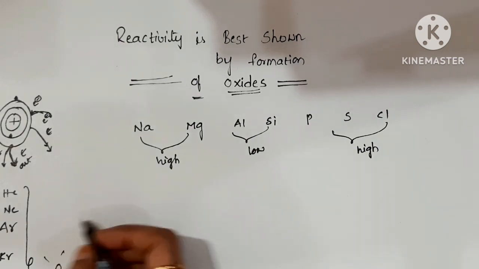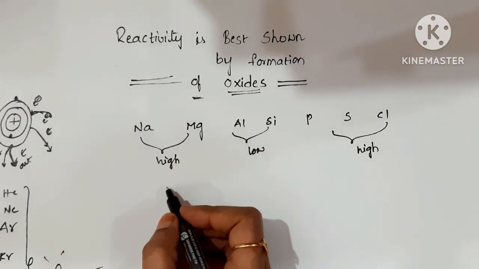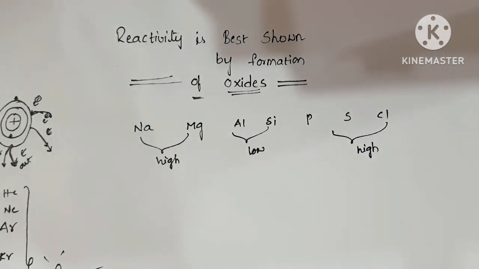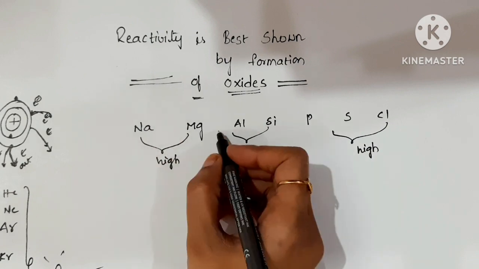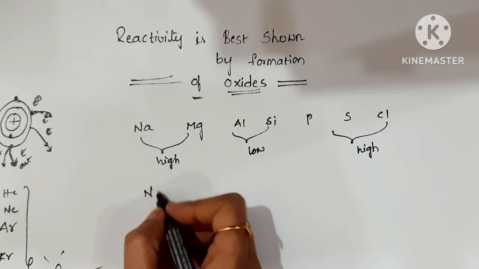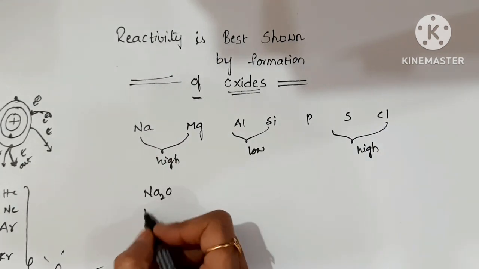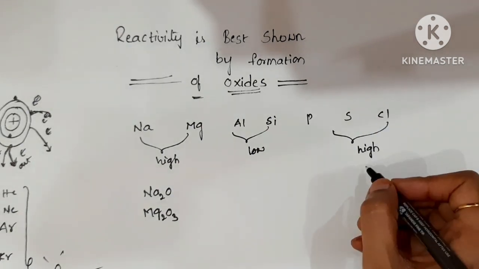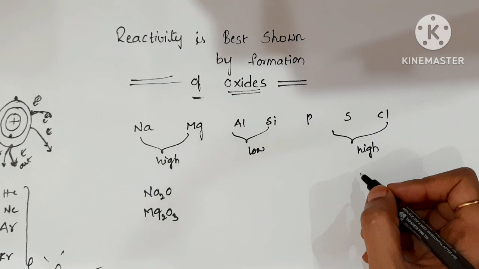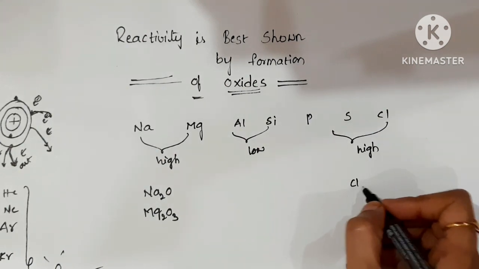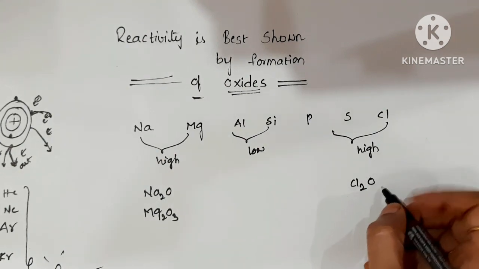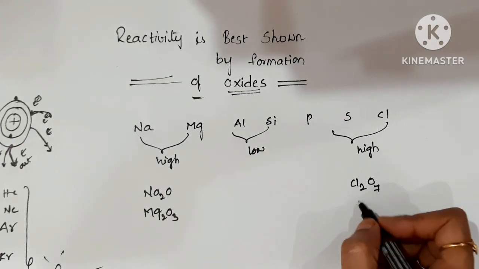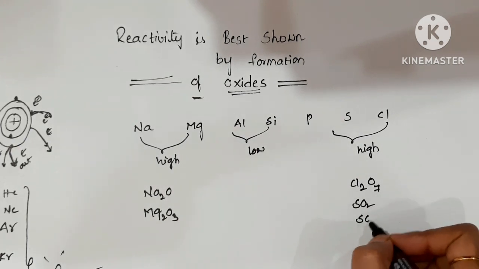So the oxides of these elements: sodium oxide, magnesium oxide, and the oxides of these elements: Cl2O7 and SO2, SO3.